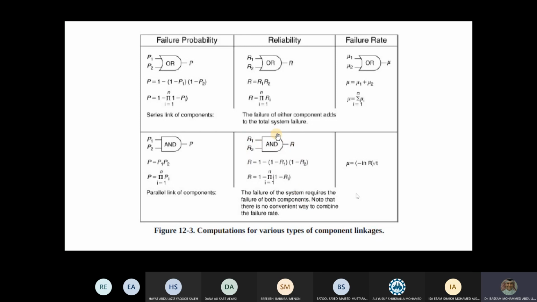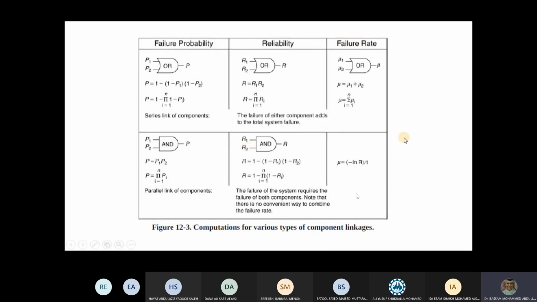I don't know if you recall from probabilities where you add them or multiply them. It all depends if they are dependent or independent of each other. Note that there's no convenient way to combine the failure rate. So what we're trying to say here is, if we have things in series or in parallel, this is how you can calculate the failure rate, the reliability, and the failure probability. Okay, great.